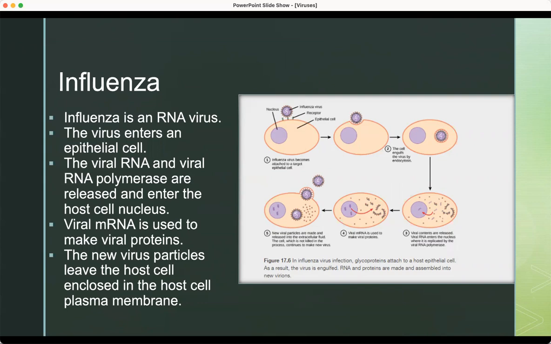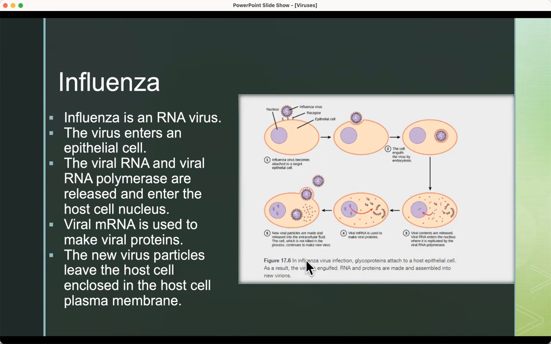Now, RNA polymerase is used to make RNA from DNA. So actually, it's used to make messenger RNA, excuse me. So once the viral RNA is in the host cell nucleus, that RNA polymerase makes the next type of RNA on the way to producing proteins.